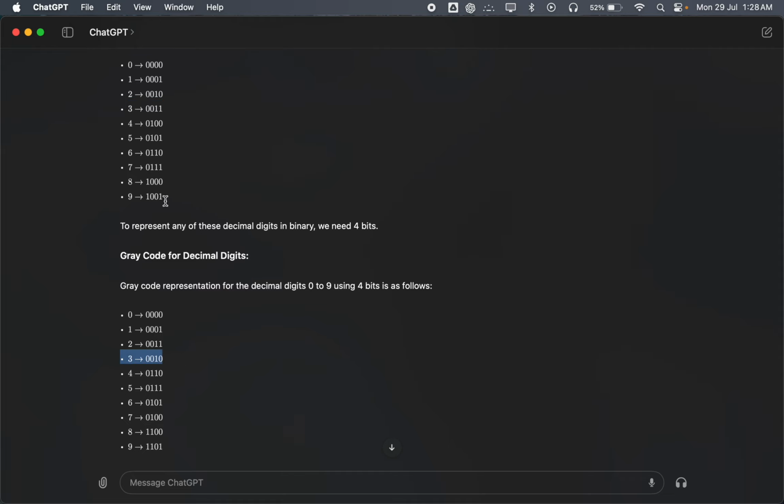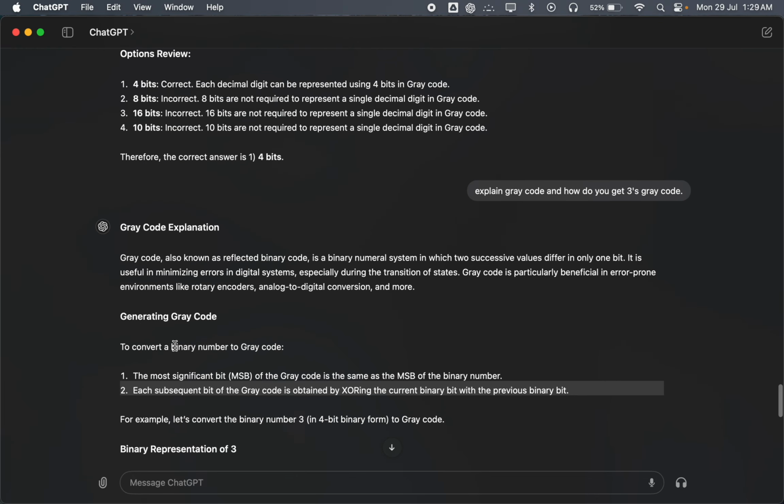Similarly, in order to get the Gray code of 9, the first 1 will be written as it is. XOR of 1 and 0 is 1, then 0 XOR 0 is 0, and 0 XOR 1 is 1. So this is the Gray code equivalent, and this is what is written here.